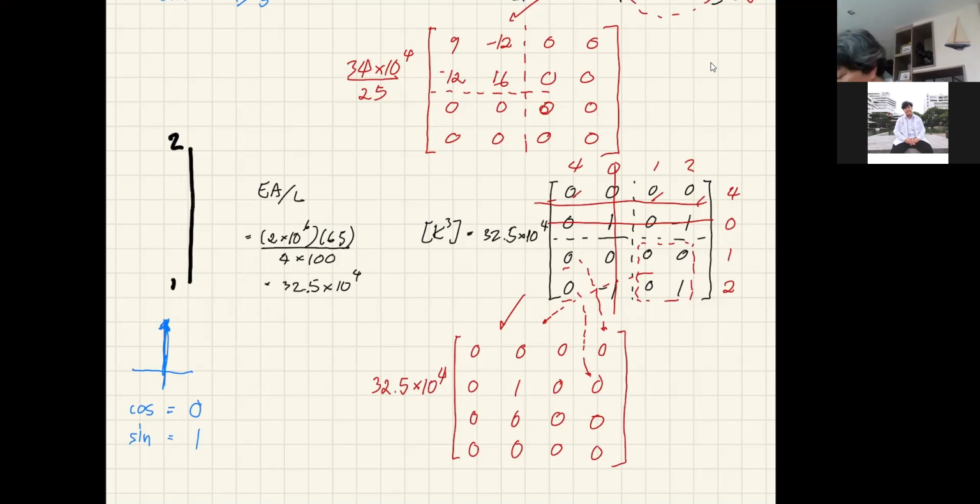Okay, and we can continue to do for the fourth one and then the fifth one. Okay, so let me move on to the next page. Okay, the fourth and the fifth, we are actually using the same orientation, so it should be pretty convenient for us. Okay, that is node 1 and then that is node 2.